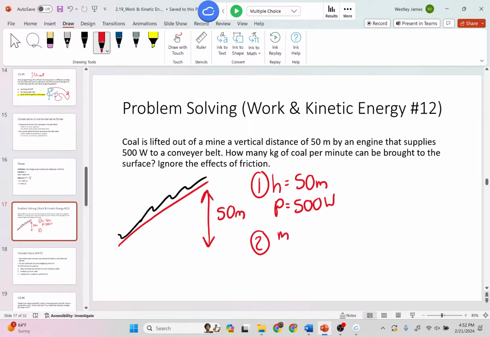Well, that's going to be a weird thing. Mass per second equals question mark. Okay, it says mass per minute. I'll put mass per minute, but we're going to end up doing it in seconds and then converting it.